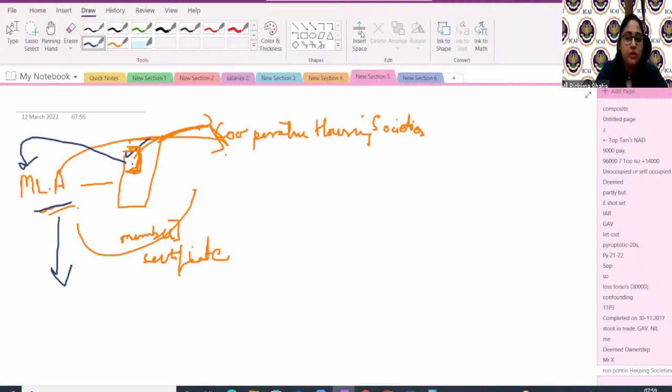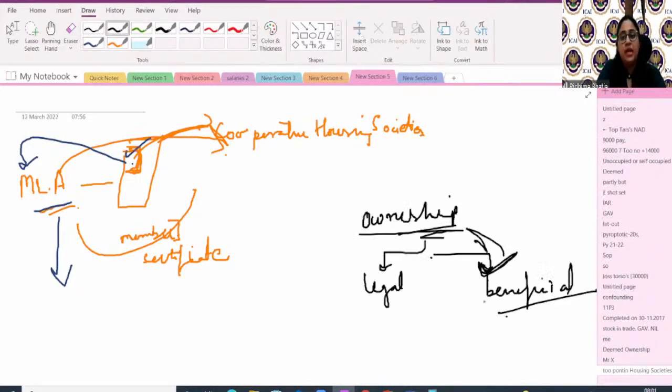So by default, beneficial ownership is what is considered, even if you are not the actual owner on paper, but ultimately you are getting the benefit from that property, then you're considered as the owner of the property.